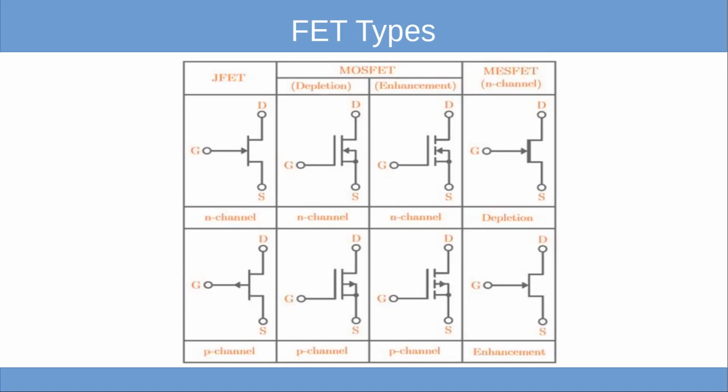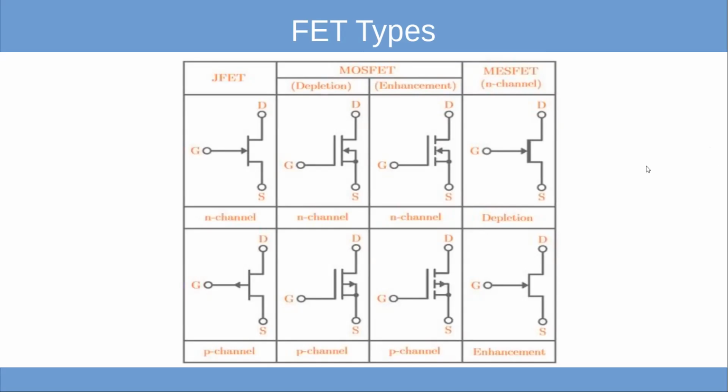The first ones were JFETs, or junction field effect transistors. And it was somewhat similar to a junction transistor, but it works with an electrostatic field controlling the current flow between the source and drain.